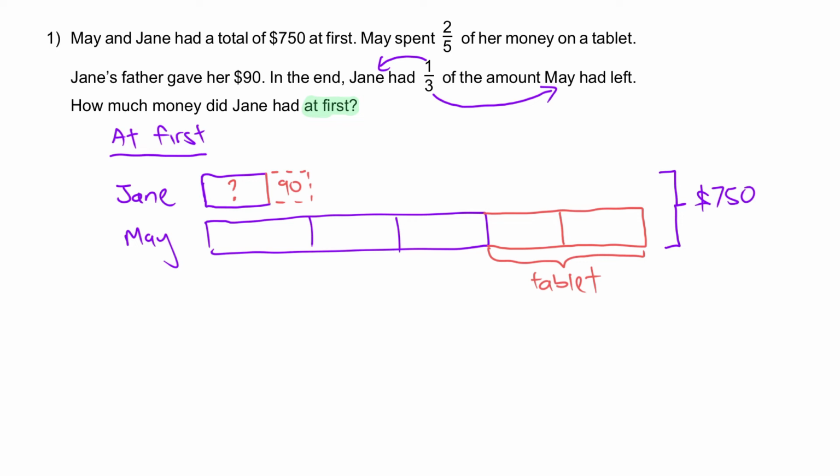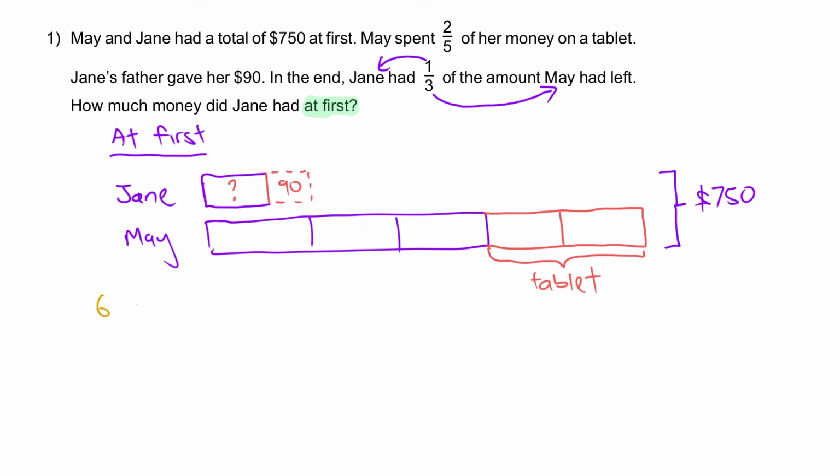Based on this model, let's start to analyze. What can we say about this? We can see that 750 is 1, 2, 3, 4, 5 units and a smaller one. What happens if we add in the $90? If we add back in the $90, this whole thing will form an equal unit as all this. So we'll have 1, 2, 3, 4, 5, 6.